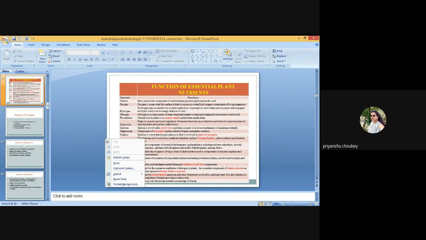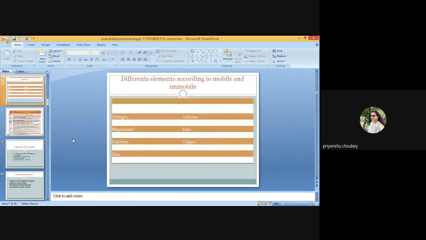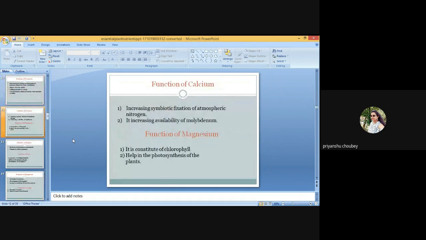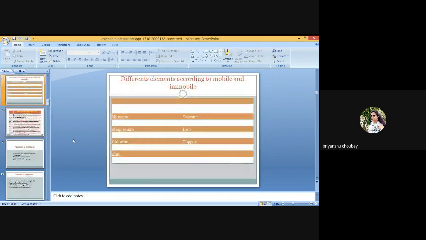Ionic absorption by a plant. Nutrients move to the root surface.